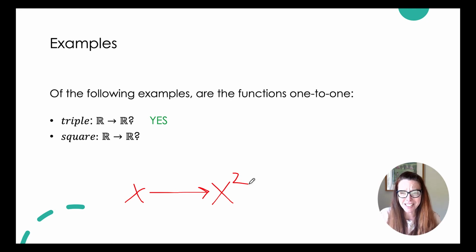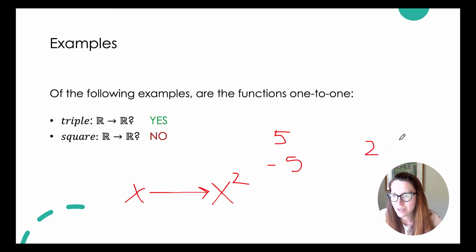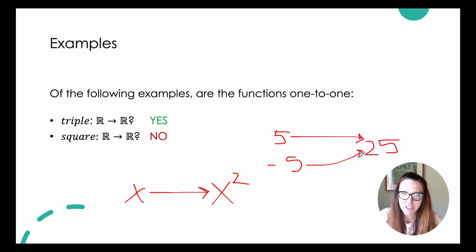And the answer to this is no. We've seen this because 5 and -5 both go to the value 25. 5 maps to 25 and -5 also maps to 25. And so the square function is not one-to-one. You can see that there's 2 values going to 25.